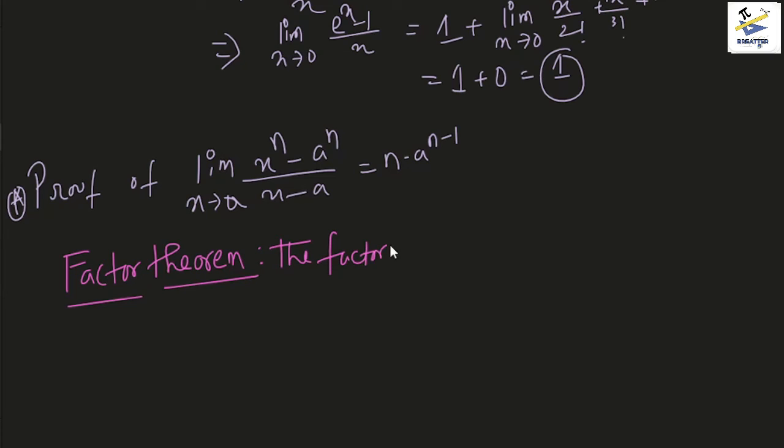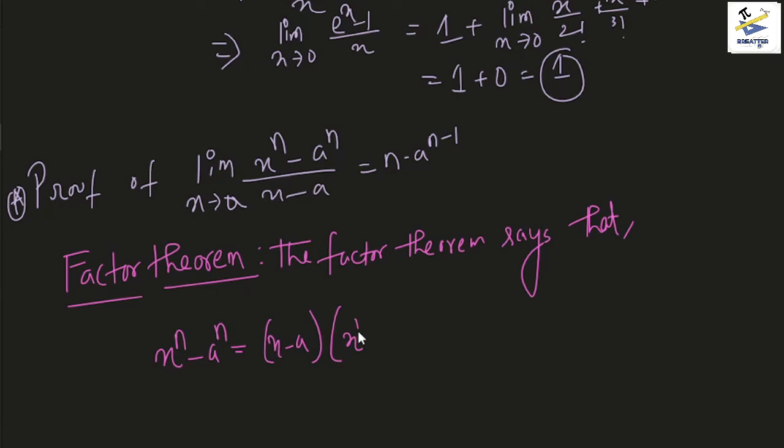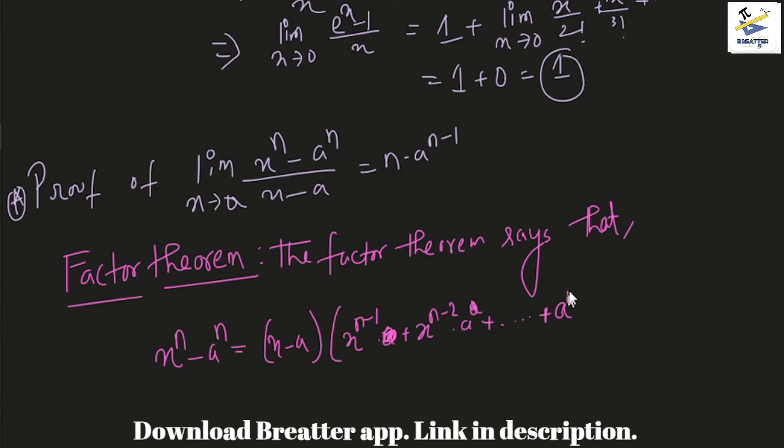The factor theorem says that x to the power n minus a to the power n is equal to x minus a into x to the power n minus 1 plus x to the power n minus 2 into a plus x to the power n minus 3 into a squared, and all the way up to x into a to the power n minus 2, and the last term would be a to the power n minus 1.